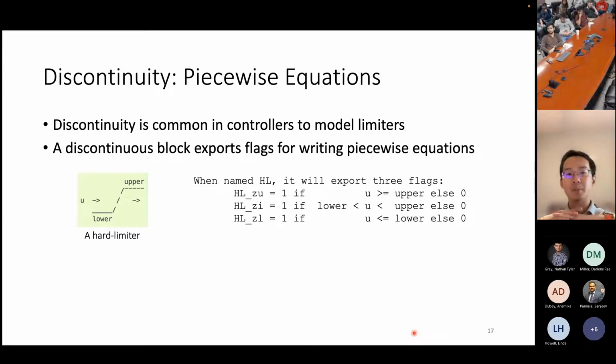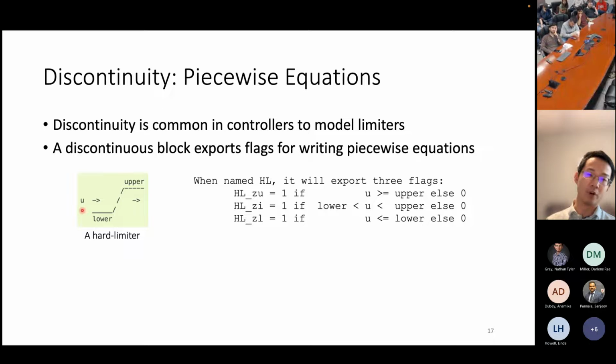The next challenge is about discontinuity. There are a lot of discontinuous models in a practical model, and they're very common. In our implementation, a discontinuity block basically exports flags that can be used for constructing piecewise equations. For example, this is a hard limiter.